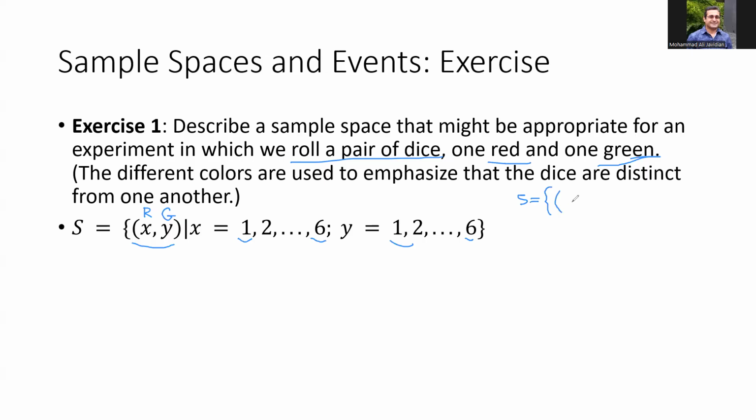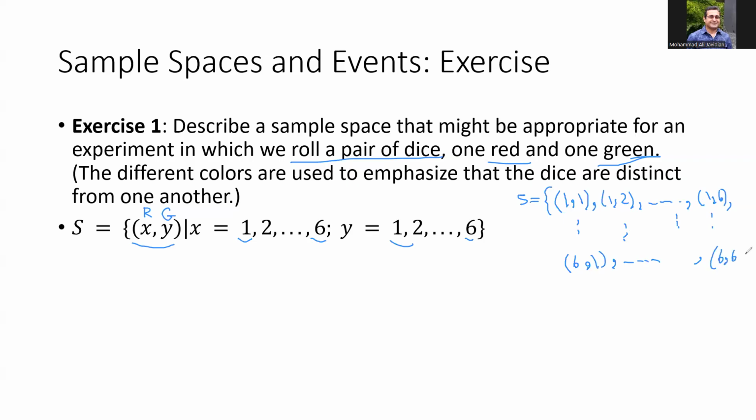1 and 1, 1 and 2, all the way to 1 and 6. And you can follow this pattern. The last row is 6 and 1, all the way to 6 and 6.